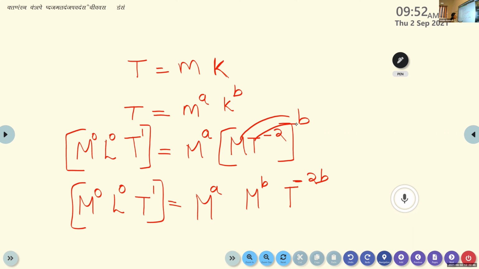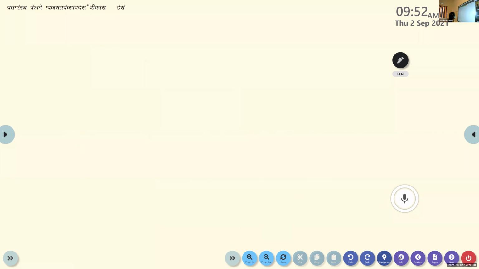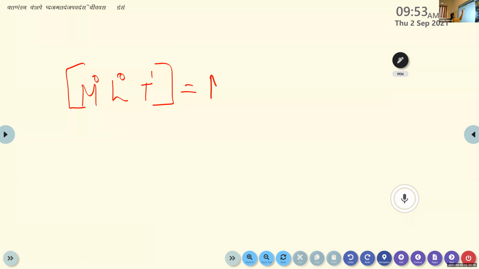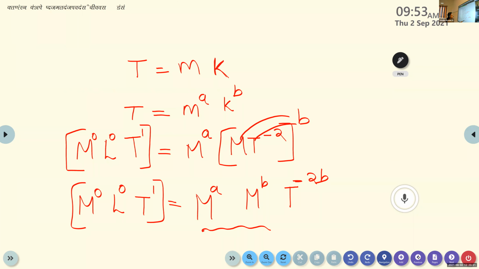Here we have two M terms, M raised to A and M raised to B, so they combine to M raised to A plus B, into T raised to minus 2B.